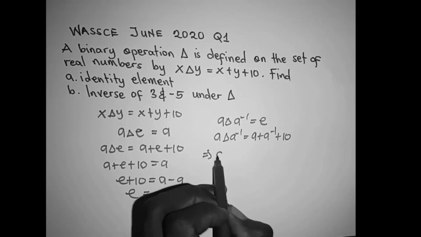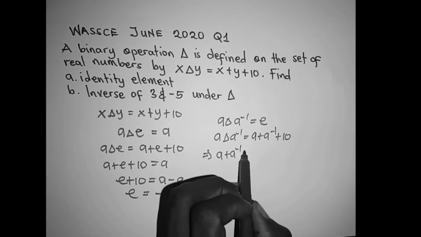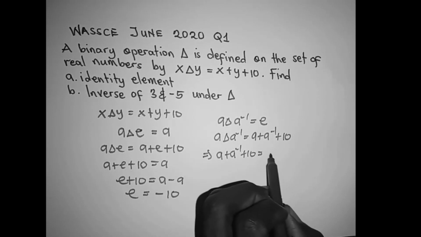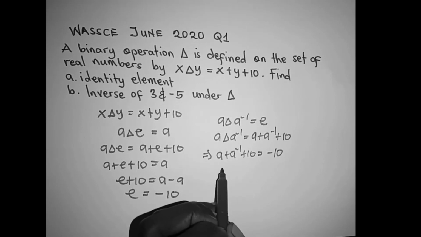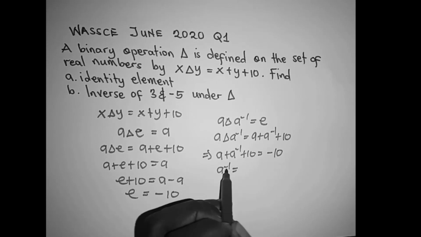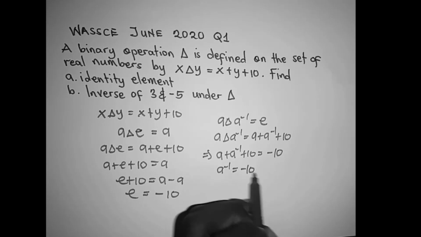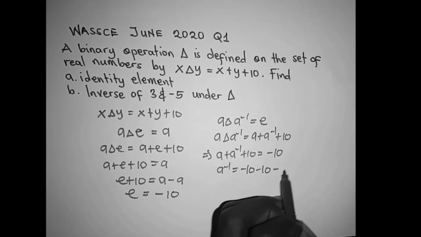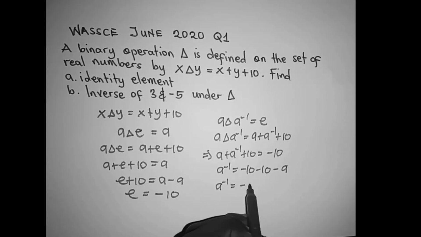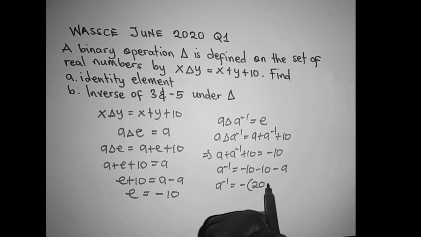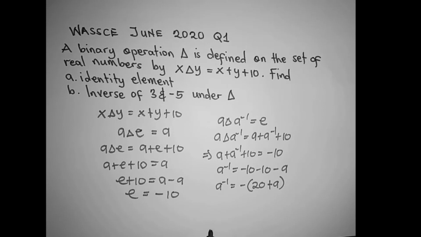So this implies that A plus A inverse plus 10 equals minus 10. So let's make A inverse the subject. A inverse equals minus 10 minus 10 minus A. So A inverse equals minus into bracket 20 plus A. So that is the value for A inverse.